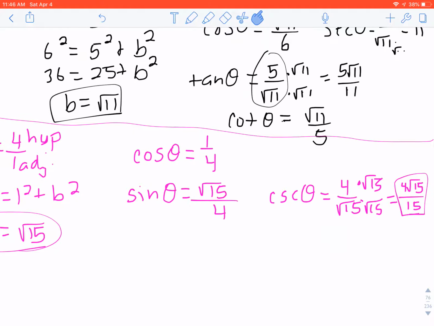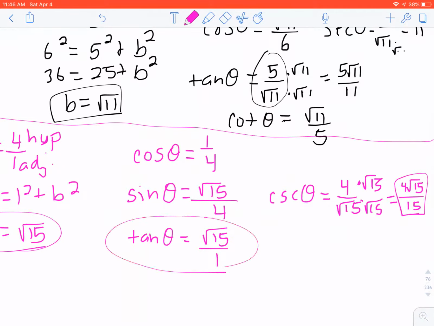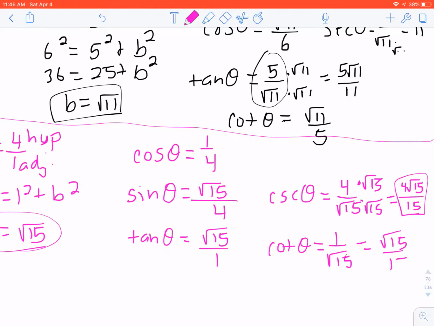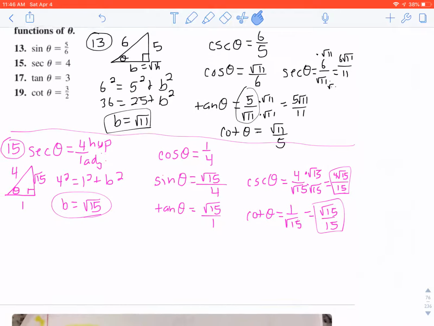All right, tangent and cotangent. So tangent theta is square root 15 over 1. And then the reciprocal of that is cotangent. So take the reciprocal, we have 1 over square root 15. Multiply the top and bottom by square root 15, so you have square root 15 over 15. Okay? So that's 15.